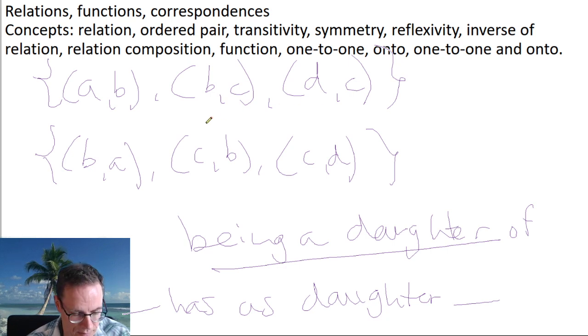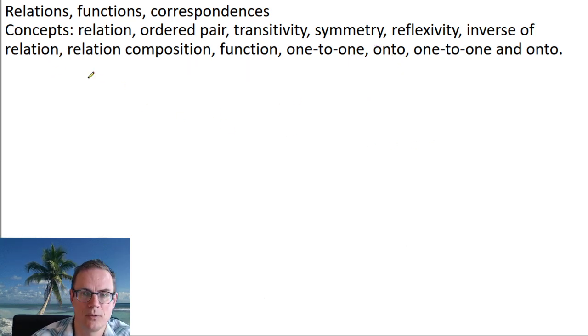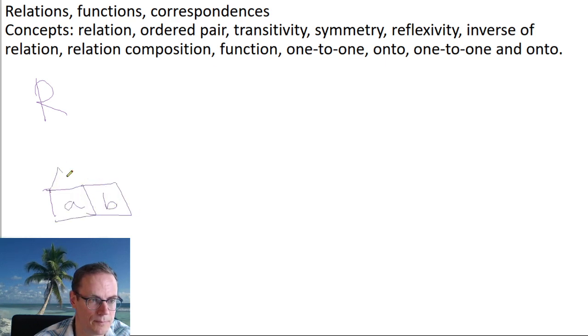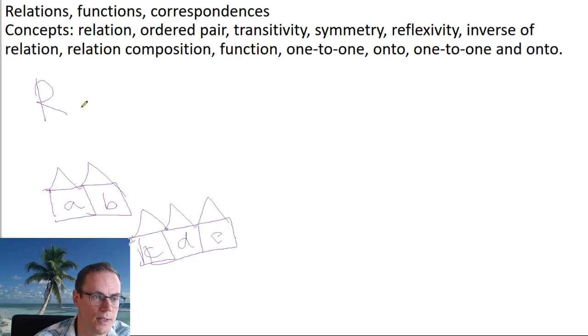Now, another thing about relations is that you can compose them. So suppose we have R, and R is being a neighbor of, right? AB, BC, CD, DE. All right, so A is a neighbor of B, and vice versa.